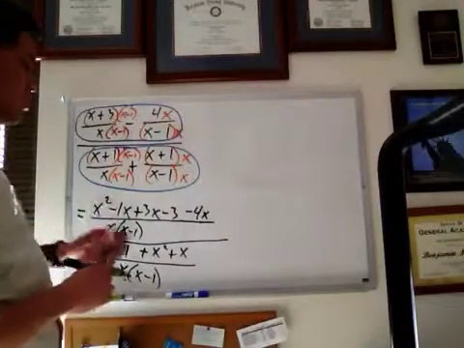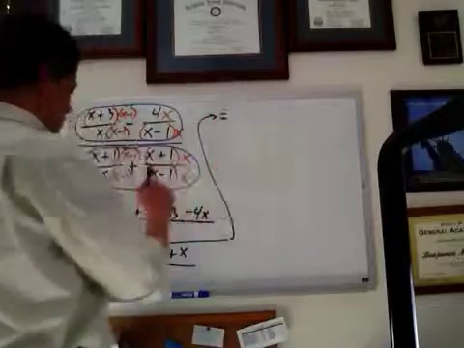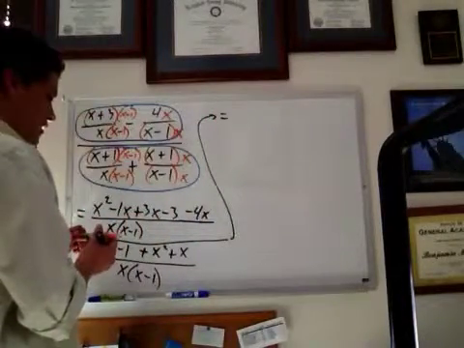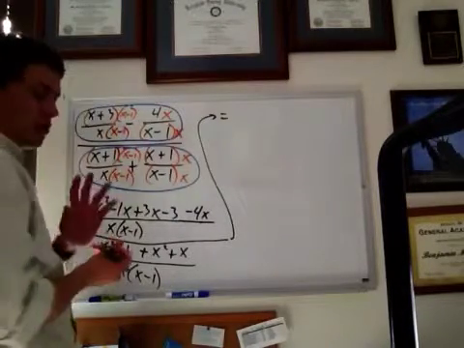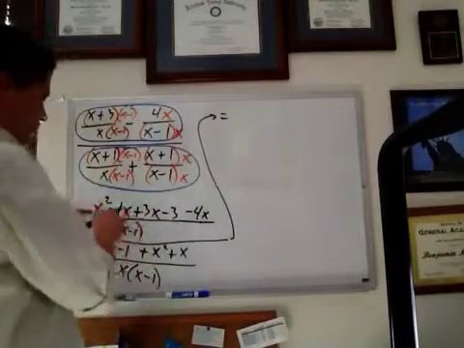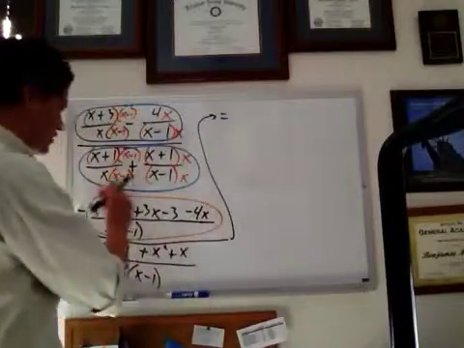Now, I'm going to do two things on the next step here. I'm going to invert and multiply while I simplify at the same time. I hope that's not too big of a step for everybody. So I'm going to simplify this fraction right here first.